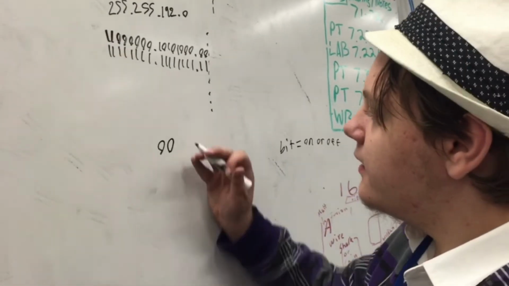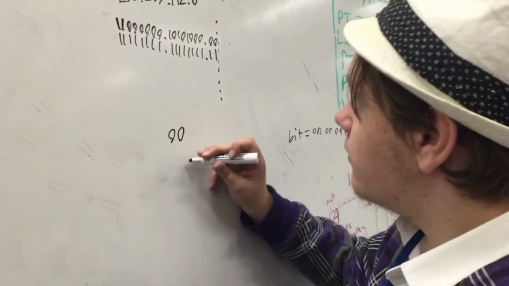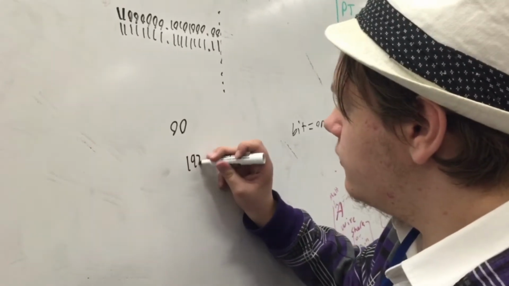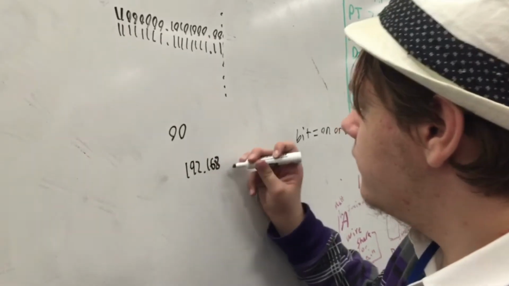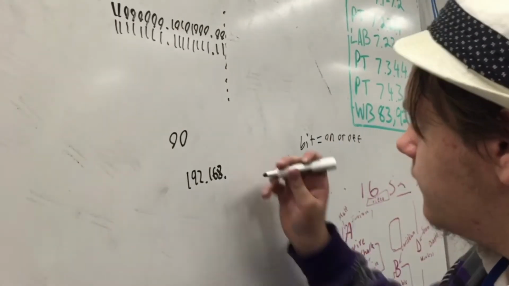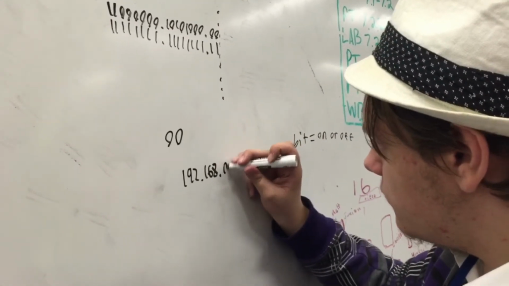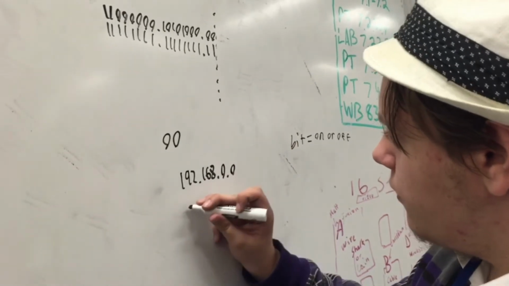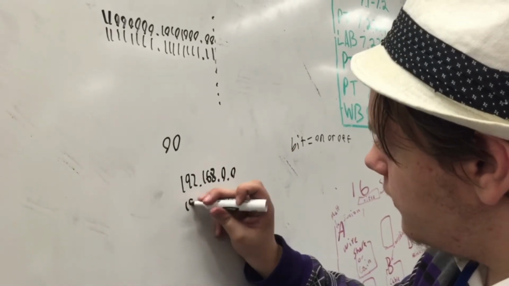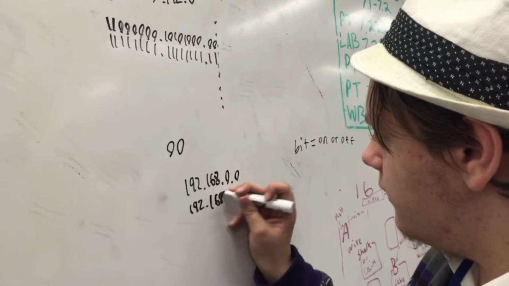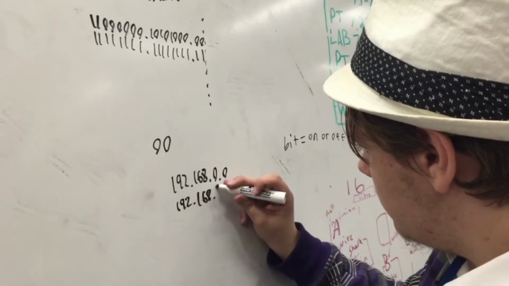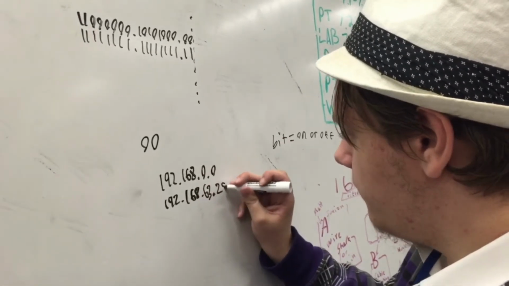So that means that we have an IP address range of 192.168.0.0 through 192.168.63.255.